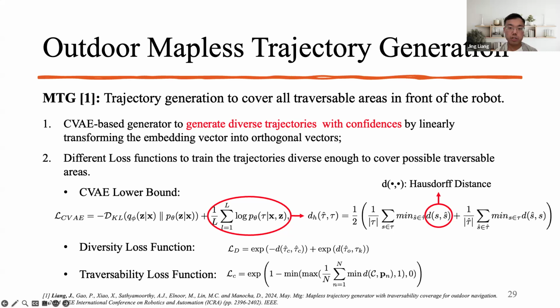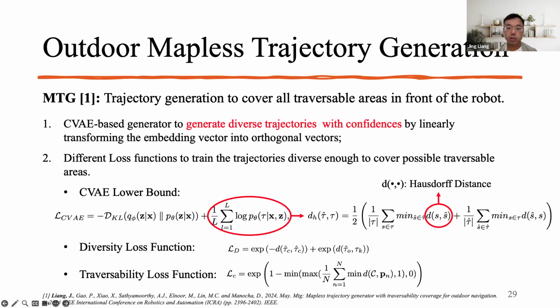And in the diversity loss function, tau O represents redundant trajectories, and tau C are regular trajectories. So if there are redundant trajectories, we make them close to their nearest ground truth trajectory, and regular trajectories should be distant from each other to be diverse and to cover the entire scenario.